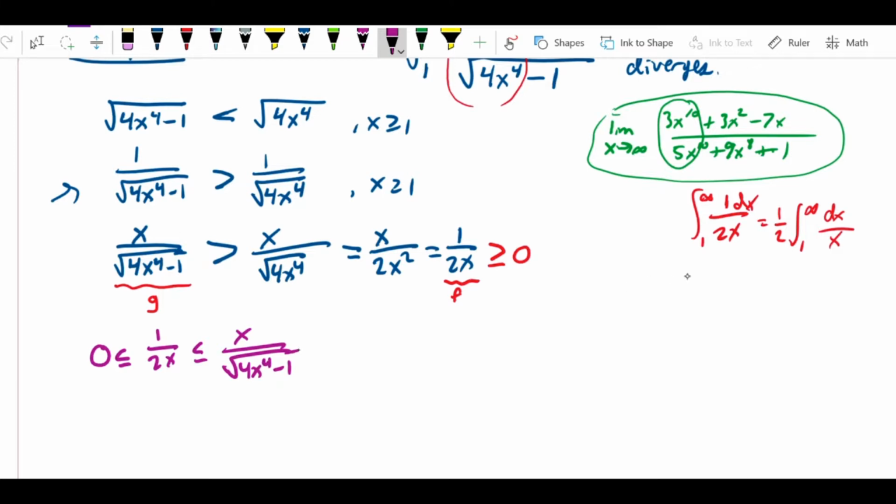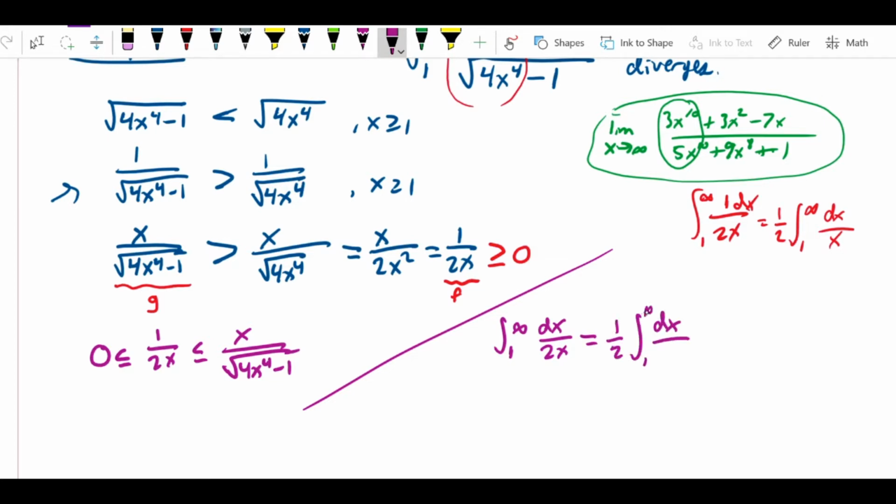So we can now conclude that the integral from 1 to infinity of dx over 2x, which is equal to 1/2 times the integral from 1 to infinity of dx over x, in other words, I just brought out the factor of 1 over 2, diverges. Why? Because it's a multiple of a p integral where p is equal to 1, which importantly is less than or equal to 1, because the rule is that if p is less than or equal to 1, then the integral diverges.